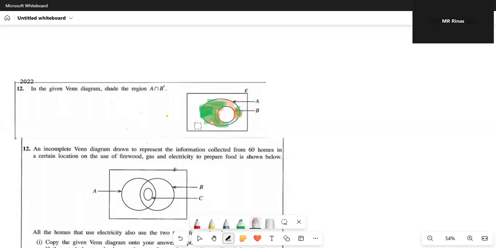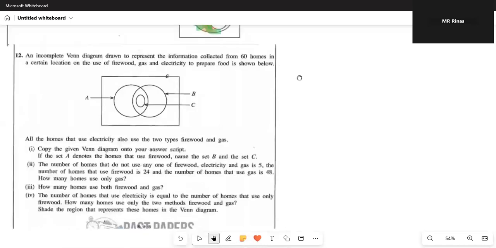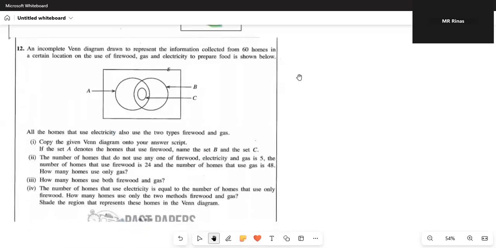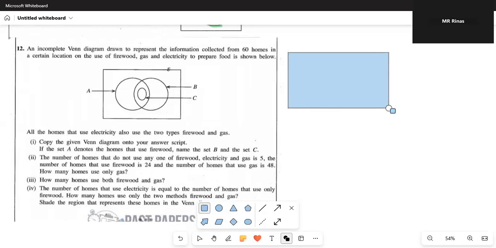Now we'll move on to the part 2 question. So in part 2, you all know that first you have to copy the diagram. So whenever you are doing the past paper question from sets, first you have to copy the diagram. Then we have to take 2 circles.